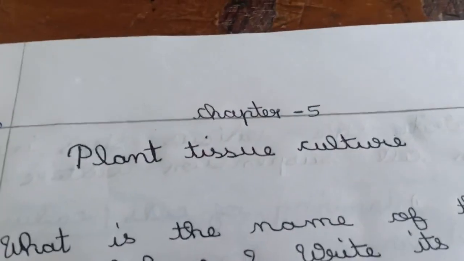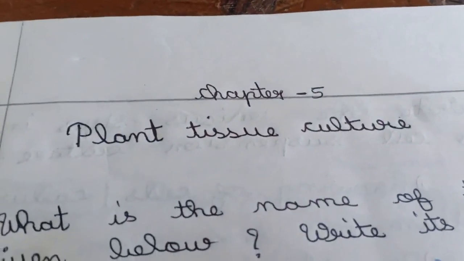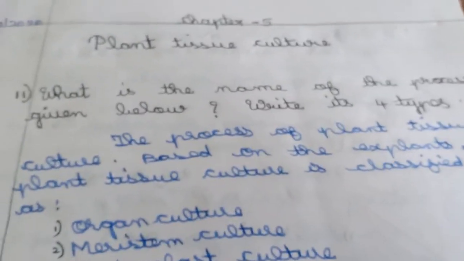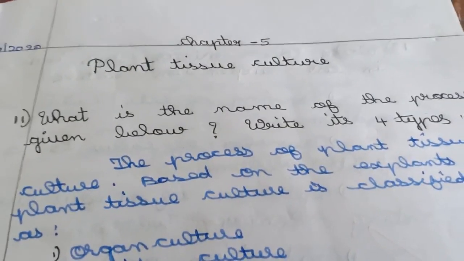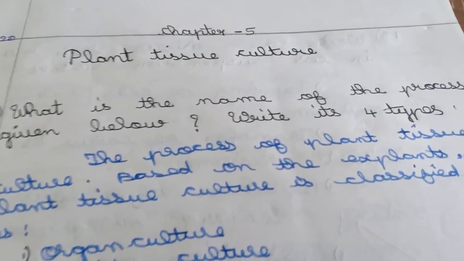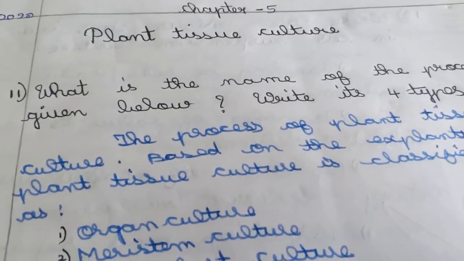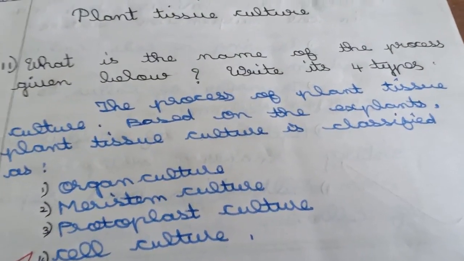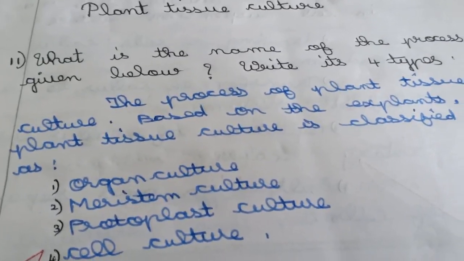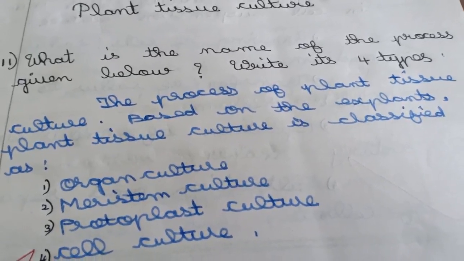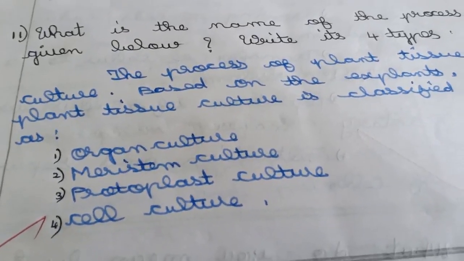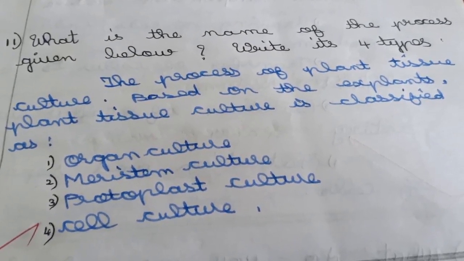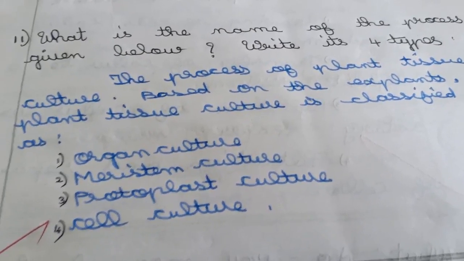Let's start with lesson 5, plant tissue culture. The first question: what is the name of the process given below? Write its 4 types. Okay, now let's move to the answer. The process of plant tissue culture based on the explant is classified as organ culture, meristem culture, protoplast culture and cell culture.